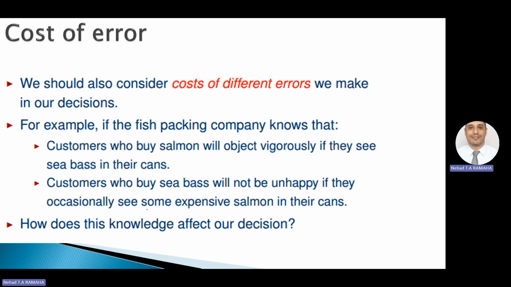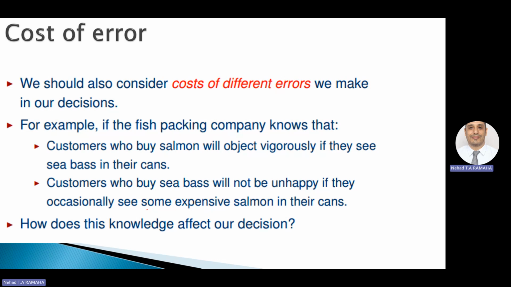I buy a box for salmon, then open it, I find what? Sea bass. I will not be happy. Then you will lose your customer. So the cost will be expensive here if the system is not sure whether to classify this fish as sea bass or salmon, and the system classifies it as salmon and puts it in the salmon box. The cost will be expensive for the company because you will lose some customers.